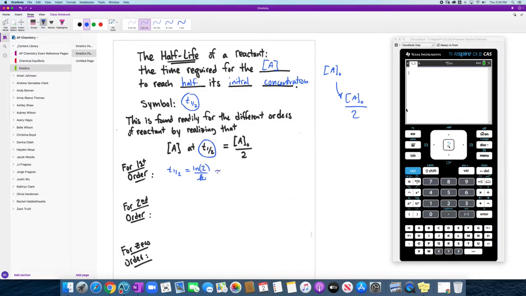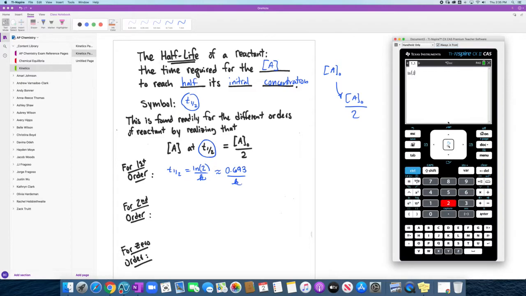And it's approximately equal to 0.693 over k, because that's the value of the natural logarithm of 2. So if you just grab your calculator and type in the natural logarithm of 2, 0.693147 is what it is approximately equal to.